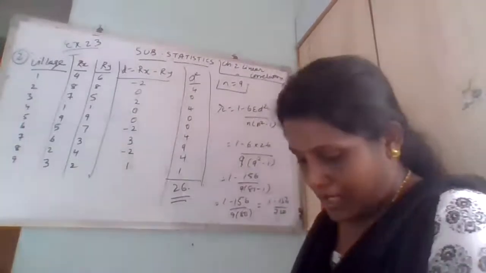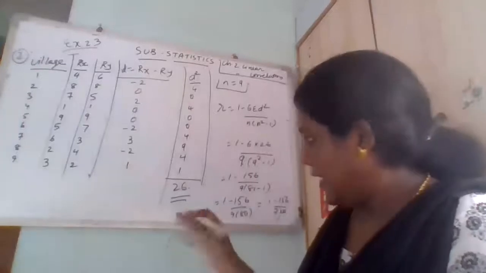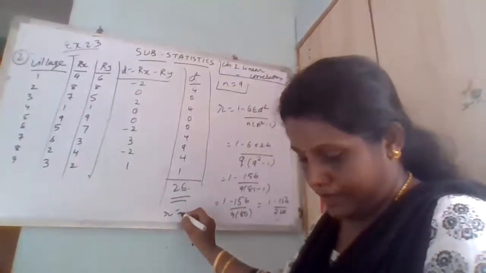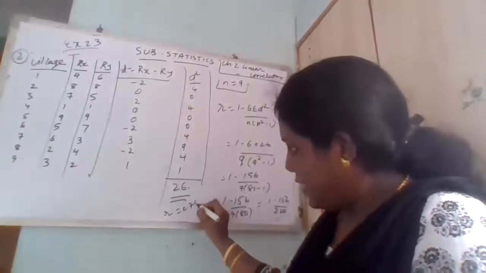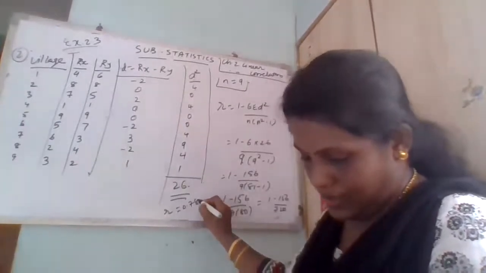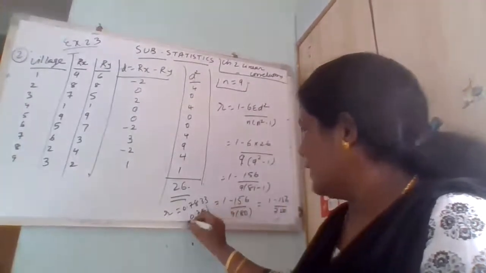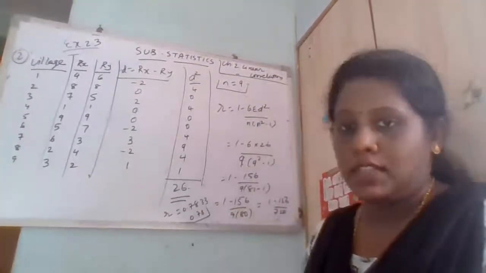Right? Now, our final answer we can see R equals 0.7833. So it can be written as 0.78. So this is our solution.